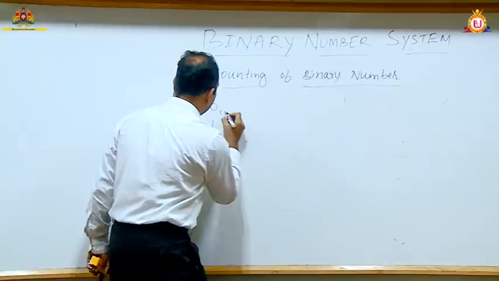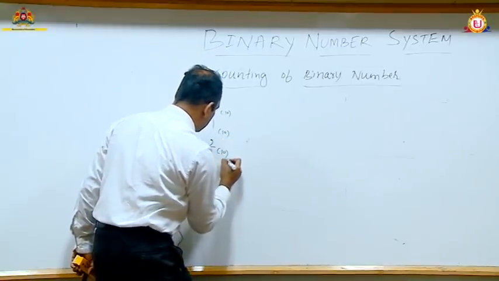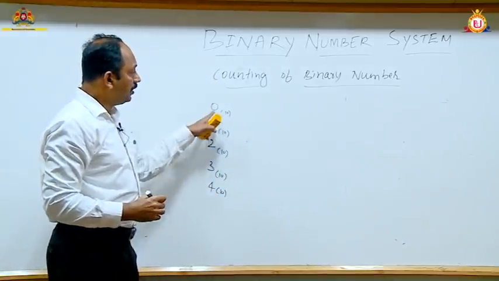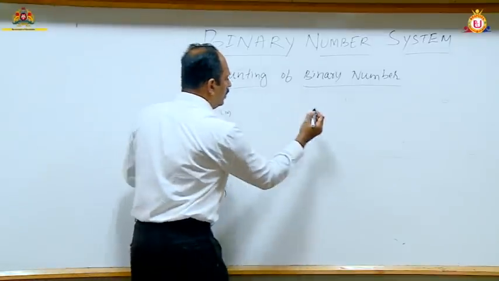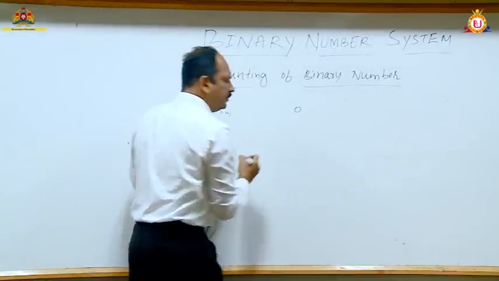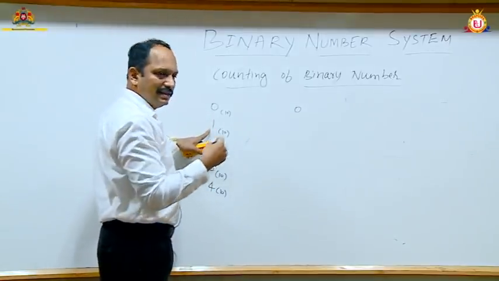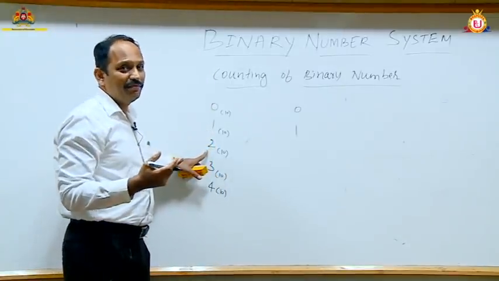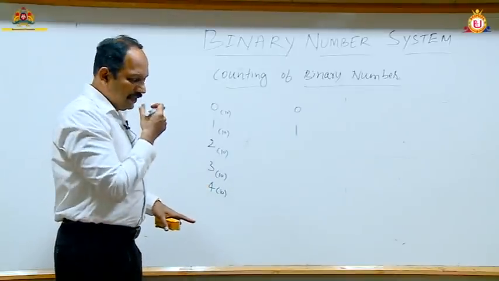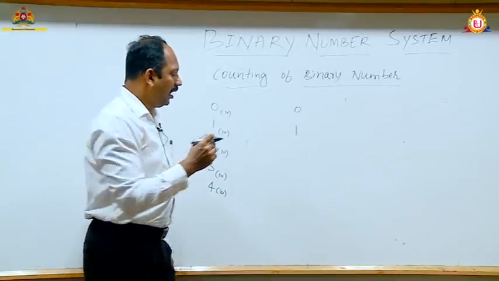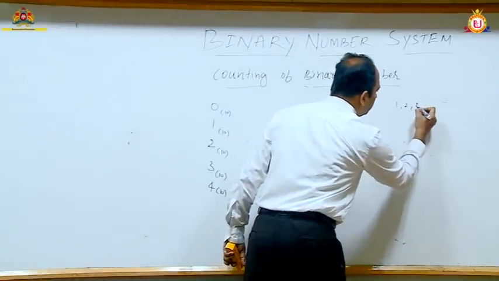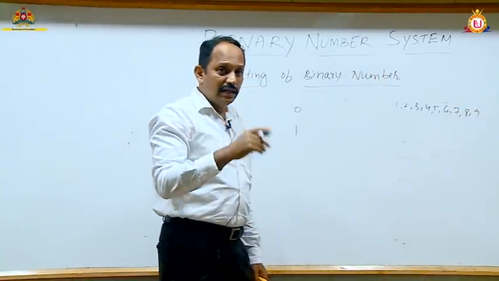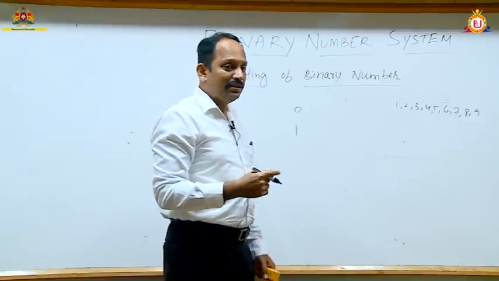This is all decimal numbers. How do we count in binary? 0 is the first value in binary, and 1 is the second value. But we don't have the symbol 2 in the binary number system. Now, let me ask you a question. After 9, that is 1, 2, 3, 4, 5, 6, 7, 8, 9, the next value, how do we write it in the decimal number system?